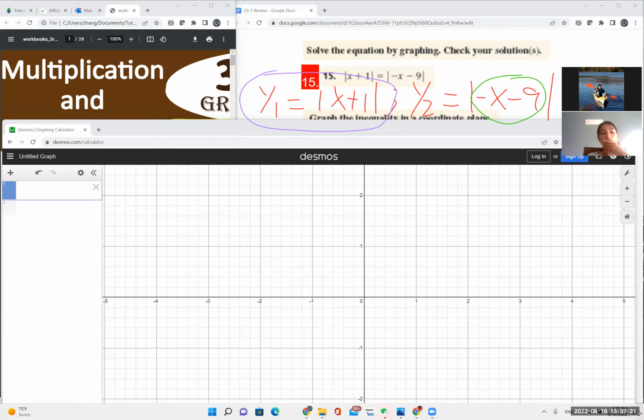Write the equation first, then solve it. Let this go to 0, means equal to 0. Yeah. Then solve it.